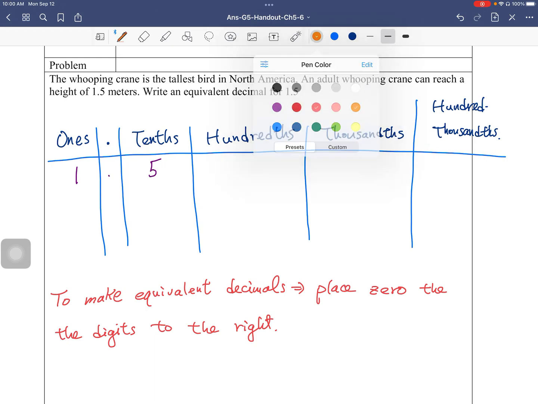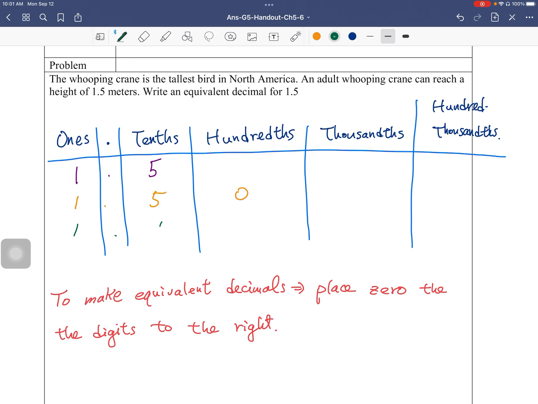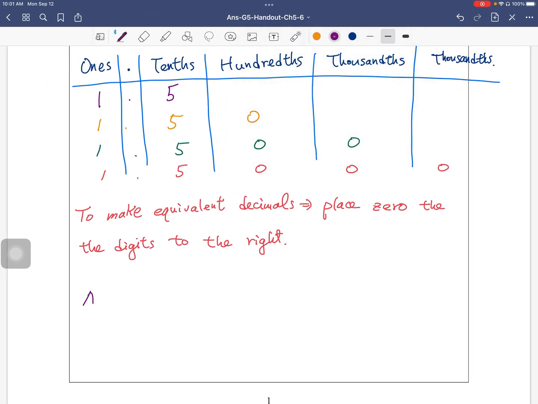So 1.5, 1.50, 1.500, and more, 1.5000. So therefore, 1.5 equals 1.50 equals 1.500 equals 1.5000 equals 1.50000.